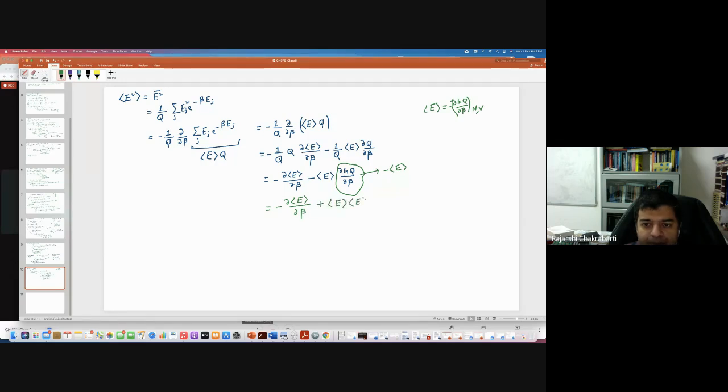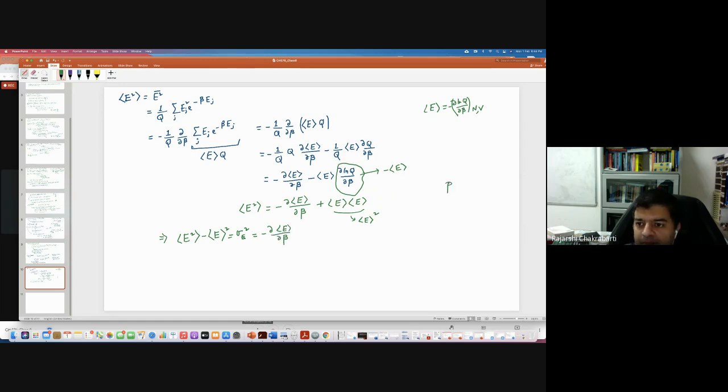So this will give you this. On your left side, what I have here is E square average minus E average whole square, which I'm calling, of course, sigma E square. This is equal to minus del E del beta.